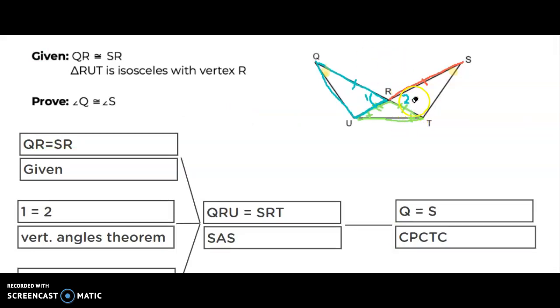Let me get rid of some of this stuff because I don't need to use that. I'm still going to use the fact that I know this is isosceles, which gives us these angles here and those congruent sides, but I'm going to use this here, here, here, which you see still uses Q, which is what we need for sure.